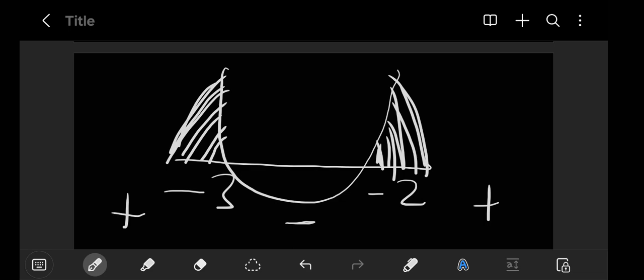Or you can represent it using arrows like this, that's also fine. This is just to tell you that for this inequality, we have a situation that's greater than, and hence the values exist outside of it, but they're still real. So this is with the inequality form. Let me just do this.